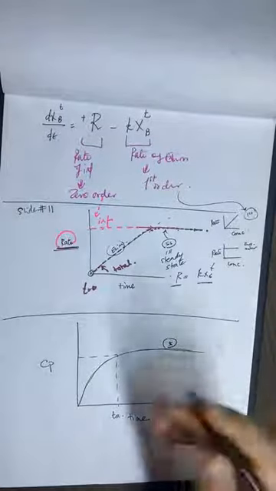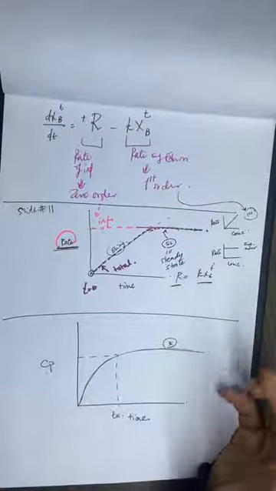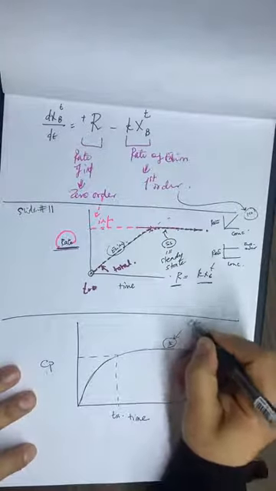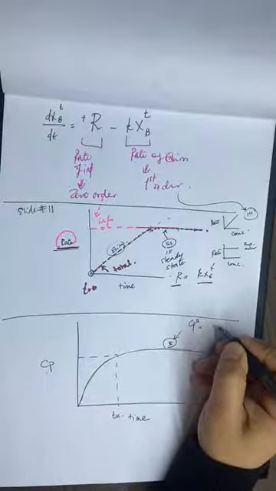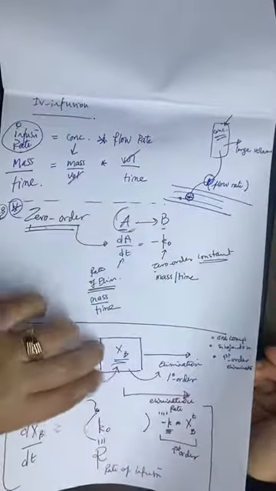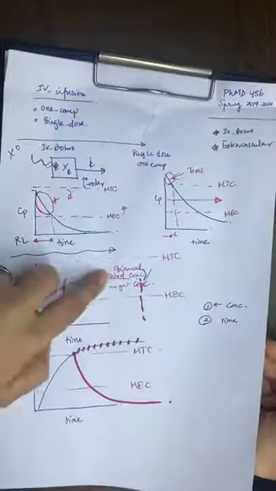Usually, as we know already about steady state, or the target concentration that we have, this is called the steady state concentration, or clinical concentration, or target concentration, as we mentioned here.